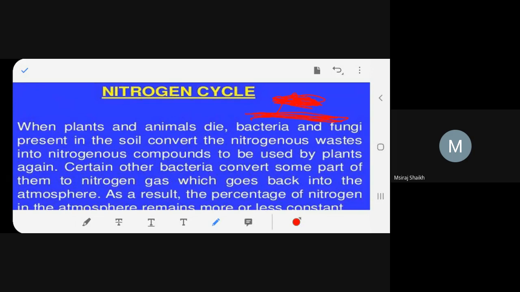And it is changing into nitrogenous compounds, which will be taken up by the plants which grow over there. You understand? All of you understood. Okay, fine.